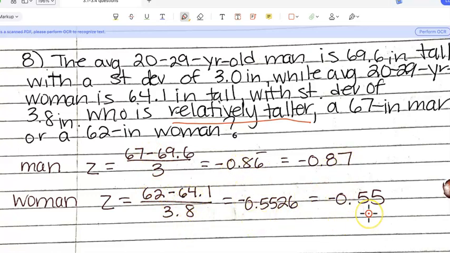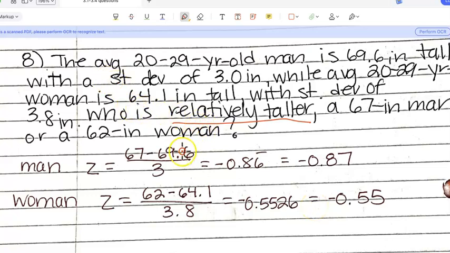Remember, when they're asking who is relatively taller, this is the required work. You can't answer this question correctly without the work. But remember that the meaning of a Z-score is how many standard deviations above or below the mean that data value is. Both of these are negative because they're both below the mean.